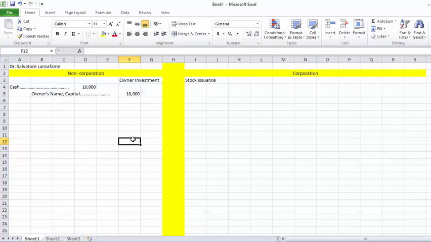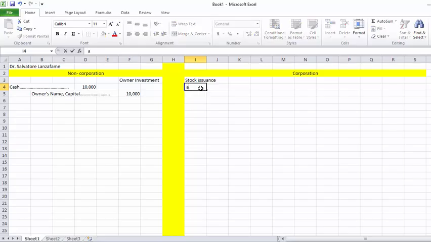Looking at it from a corporation point of view, it's the same concept. Let's assume that the owners, who are now the stockholders, are also going to invest in the company, but in return, they now become the owners. So there's two ways to do stock issuances.